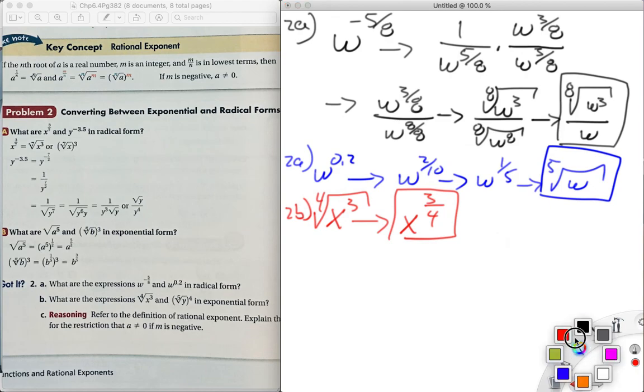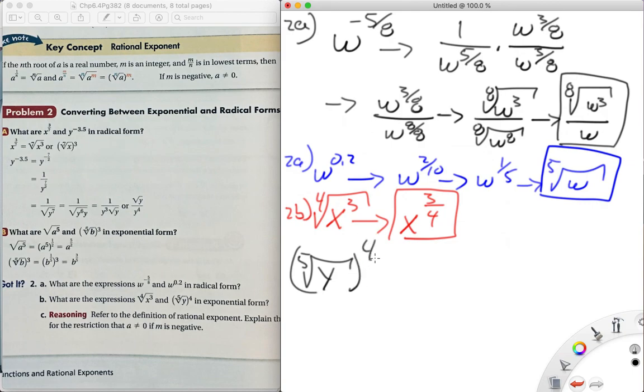And then for part 2 of that, we have y fifth root to the 4th power. Since it's a fifth root, we can write 5 in the denominator. Since it's being raised to the 4th, we write 4 in the numerator, so it's y to the 4/5 power.